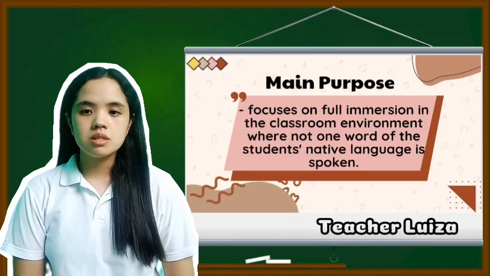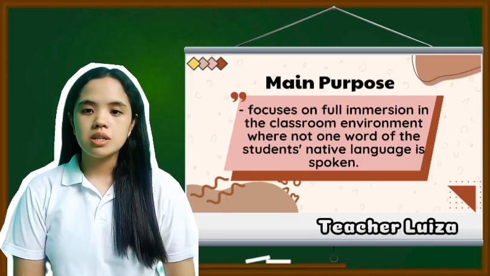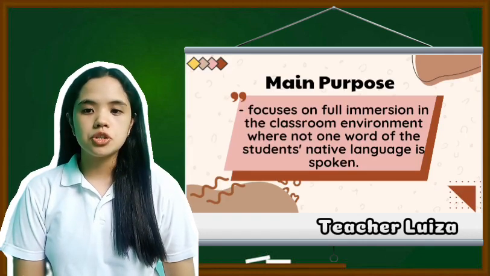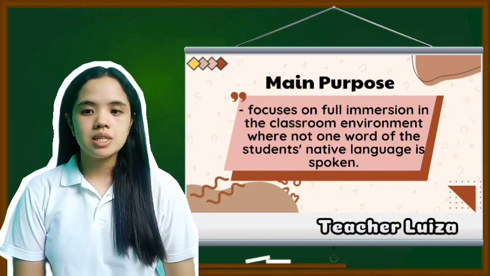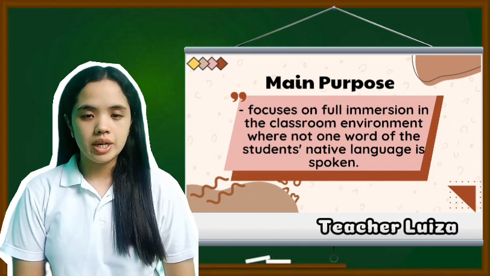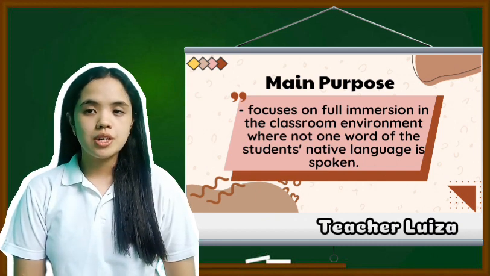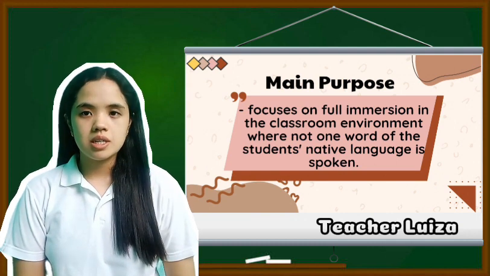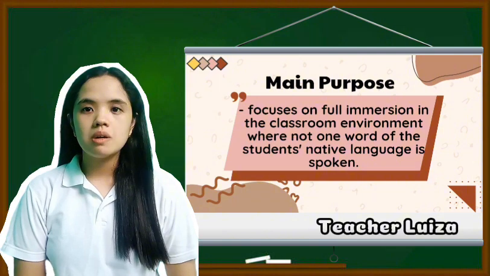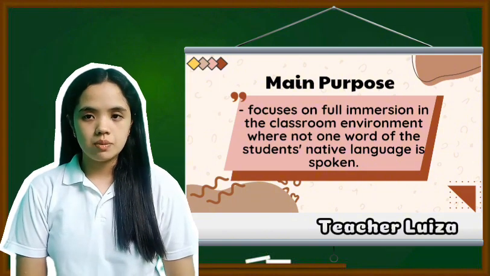The main purpose of the direct method is to focus on full immersion in the class environment where not one word of the student's native language is spoken. So, when there is a big distance between the learner's native language and the target language, certain aspects are difficult to explain without using the learner's native language.